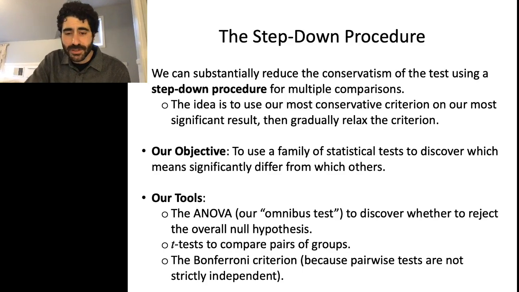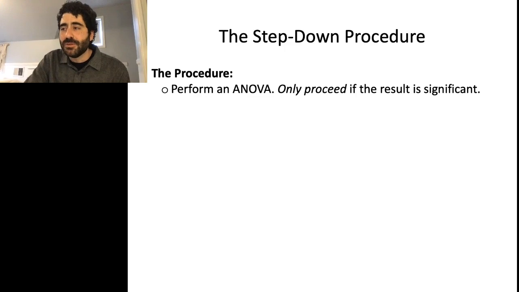Okay, so here's how this works. It's relatively simple. We first perform our overall omnibus ANOVA to ask, is there any significant relationship between the group labels and the outcome? If the ANOVA says no, so if the p-value is above our threshold of 0.05, then we just stop.